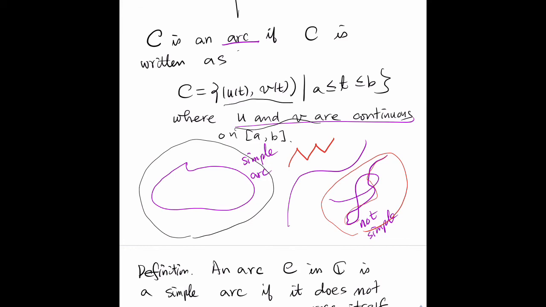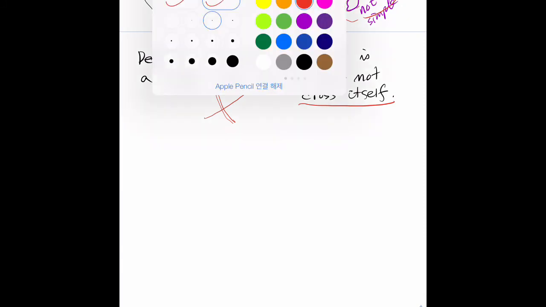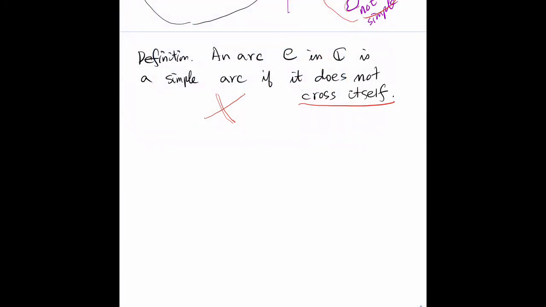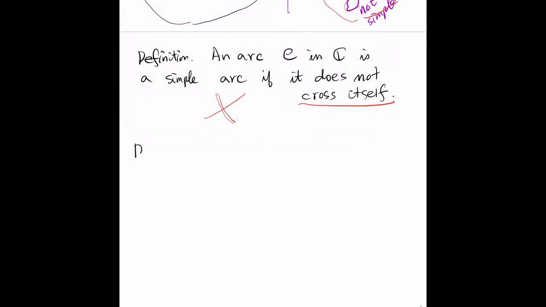Next definition: simple closed contour, simple closed arc, simple closed curve. So here is the definition.